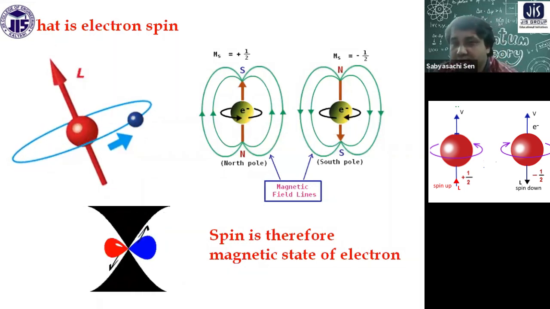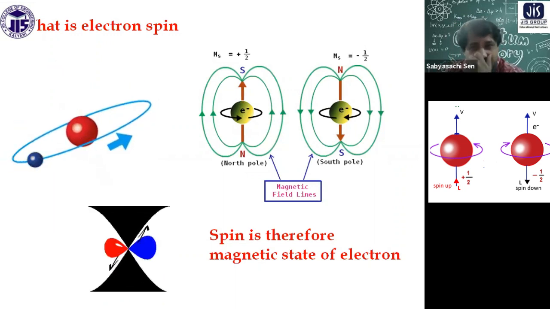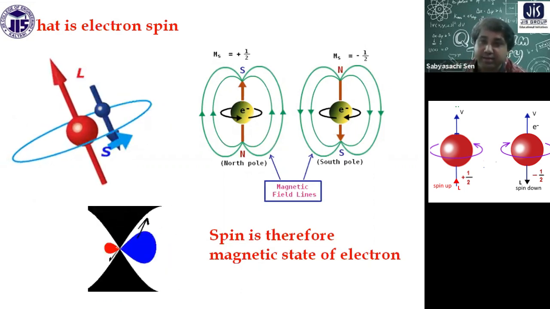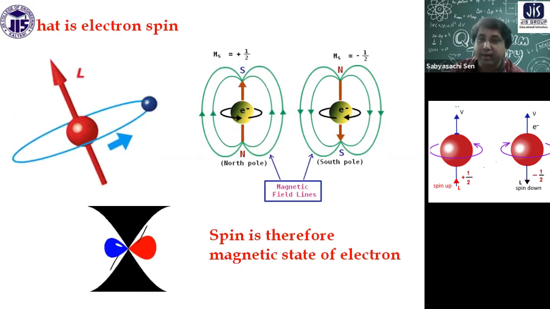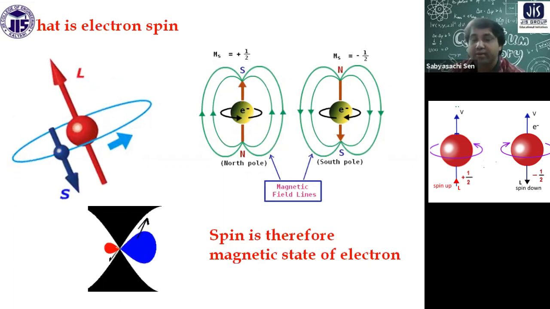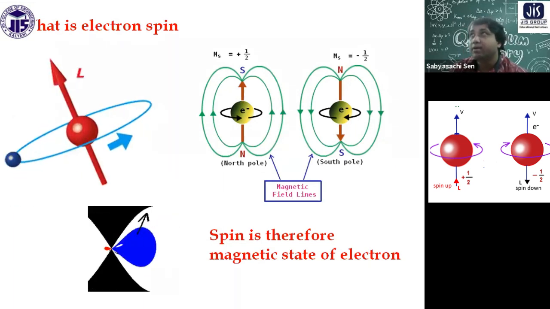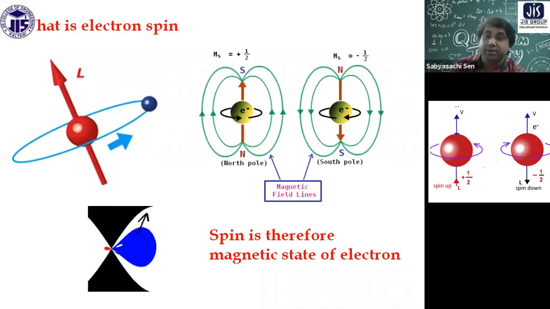Apart from that, there is also a classical way of thinking. You can see the picture. Apart from the orbital motion, it has a motion about its own axis, that is called spin motion. And if there is a motion of a charged particle, it will produce a magnetic field, as you can see on the right hand side top pictures.